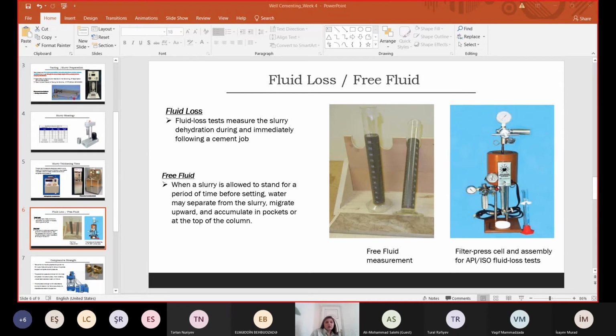I haven't actually seen pressurized consistometers on site, but there can be locations like land rigs. We can have a lot of land rigs, and then we can have very big laboratories inside. But usually this kind of equipment is based in the main cementing laboratory of the company.